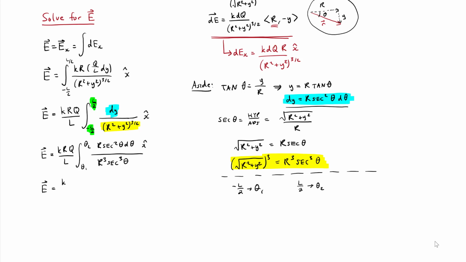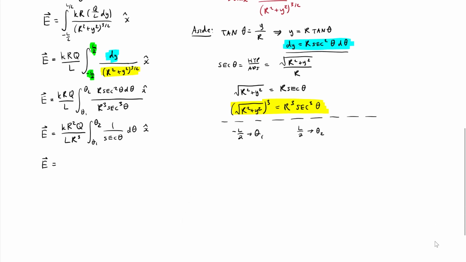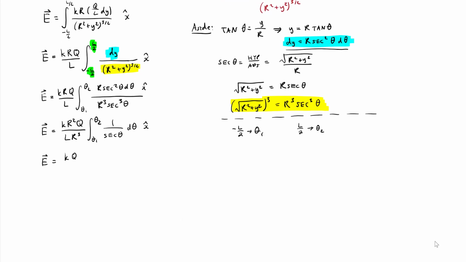It seems like I can take out the r's, so I have kr squared Q divided by L r cubed, integral theta 1 to theta 2 of secant squared theta divided by secant cubed theta. This is just 1 over secant theta d theta, answer still in the x direction. E is now equal to kQ divided by rL. So that constant has simplified itself.